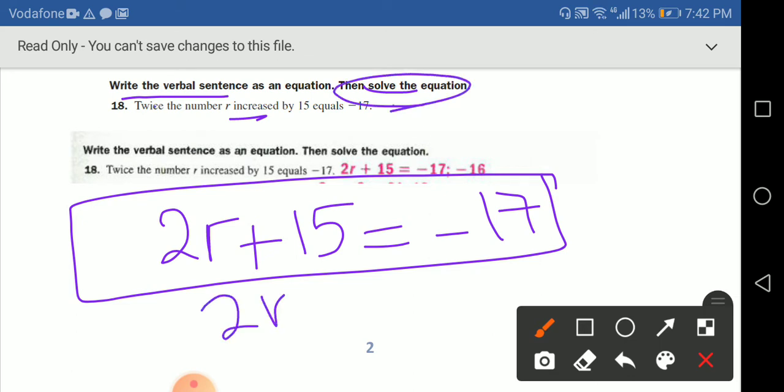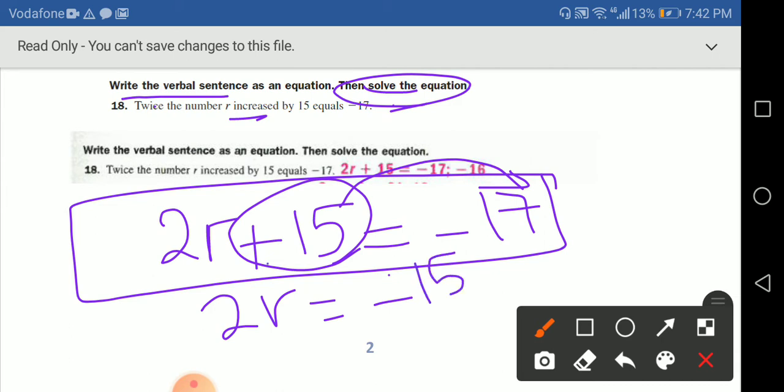Very easy. 2r, I will take the numbers with the numbers, the like terms. Instead of positive, it will be negative. It crosses the equal sign, so change its sign. Negative 15 minus 17. So I have 2r equals negative. What about the negatives? I will add them.